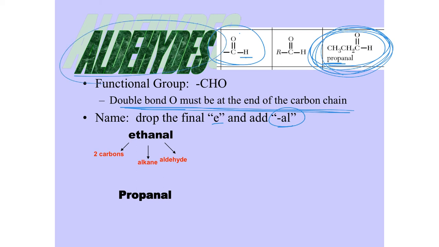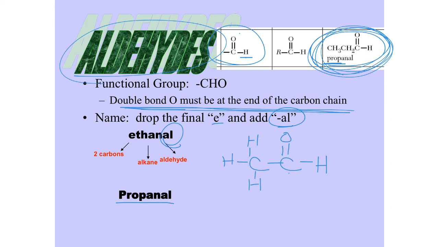So ethanal, we have 2 carbons, -an connected with single bonds. -al tells us I have an aldehyde group on the end, so double bond O, followed by an H. Then you go back, add in any H's necessary. This O here does not need any H's because it already has 4 bonds total. The oxygen doesn't need any H's because it's got the 2 bonds that it needs.